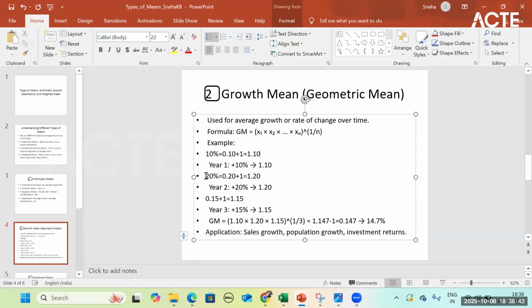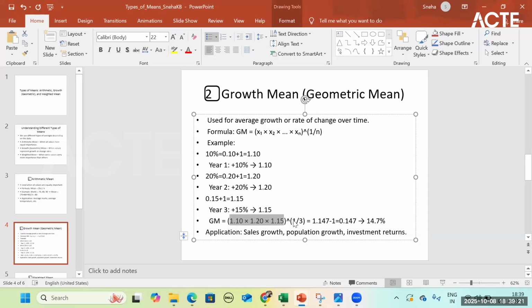Year 2 is 20%, which is 0.20, and adding 1 gives 1.20. Year 3 is 15%, so it is 0.15 plus 1, 1.15. So I will do multiplication of all these 3.